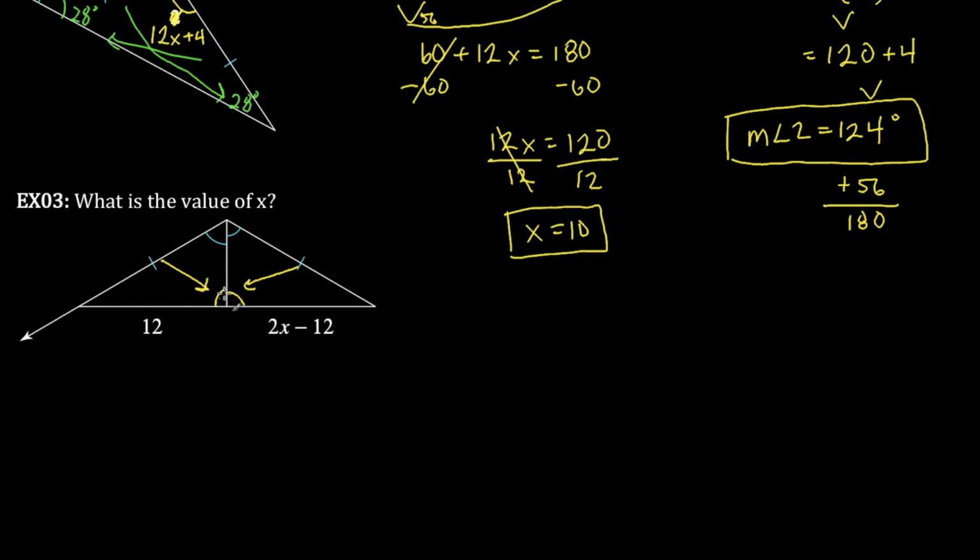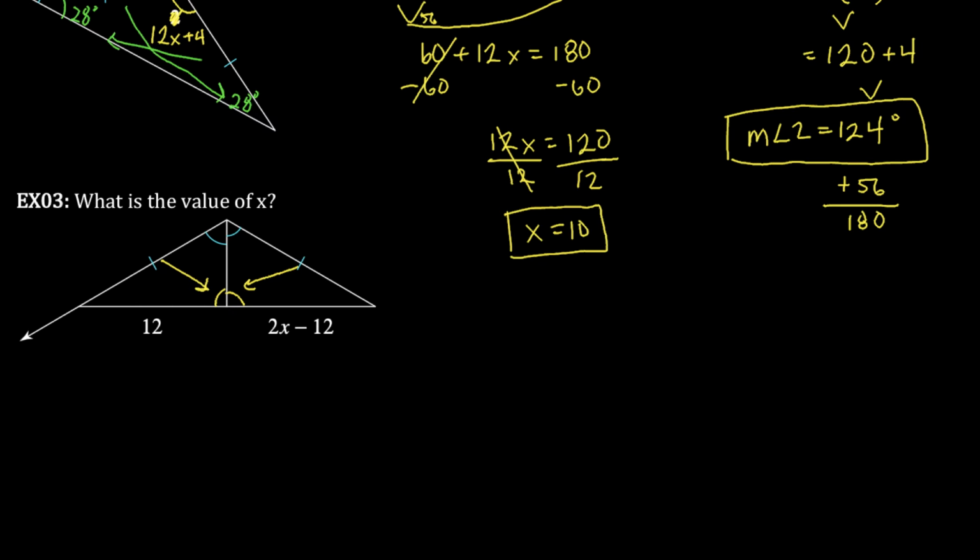Because this side and this angle are congruent to this side and this angle, we know these two triangles are congruent by angle, angle, side, because they have an angle, angle, side in a row that are congruent.